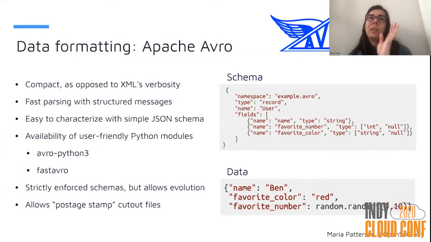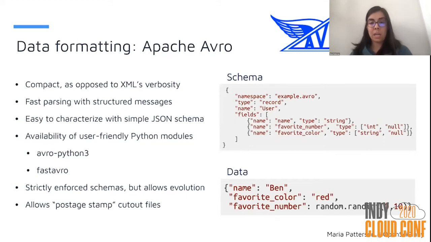Semi-structured might be XML and JSON. And when you're really more structured, and more powerful, I would say, is the side of Apache Avro, and then database kinds of formats. What's nice about this is that it's really compact as opposed to XML's verbosity.